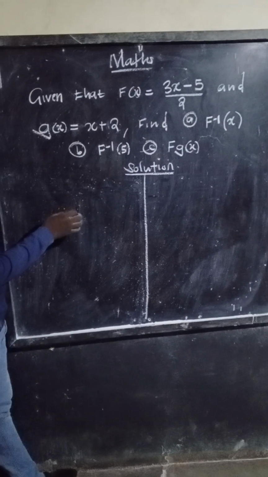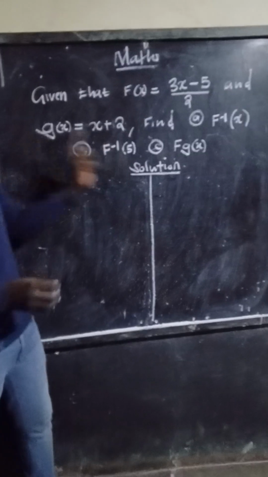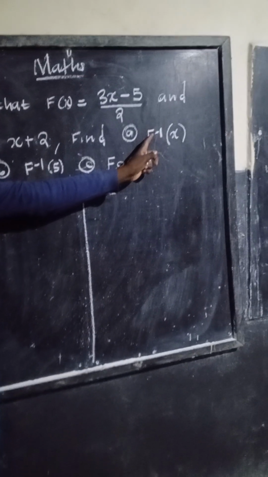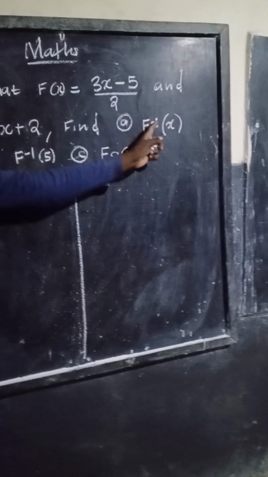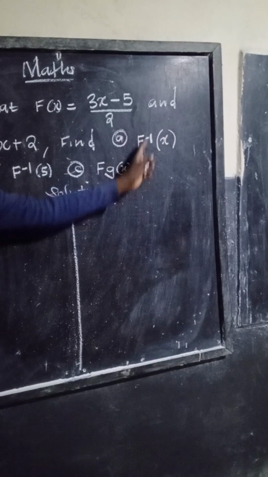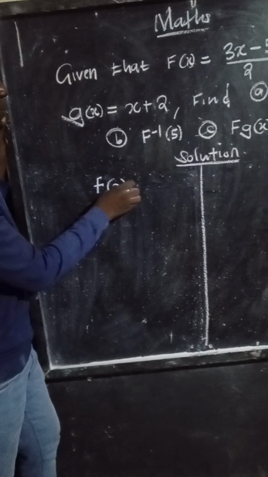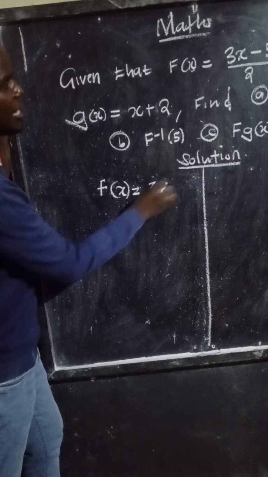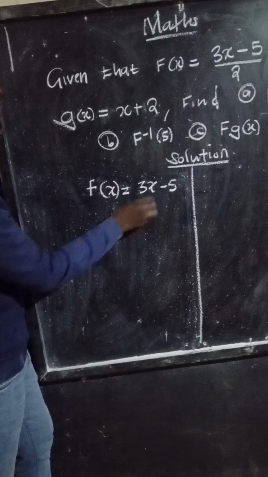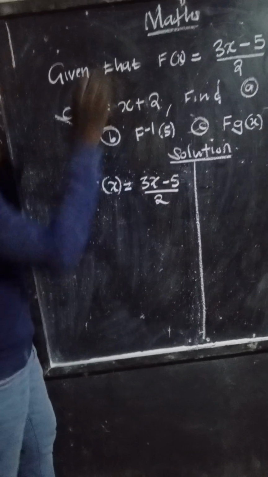Now for us to solve the inverse of the function, you get the function that represents f first. So I'll get the function that represents f, which is this one. I'll write f of x, which is equal to 3x minus 5 over 2.